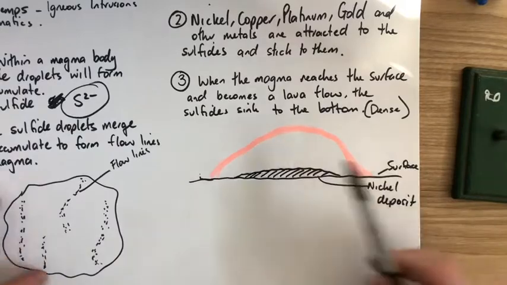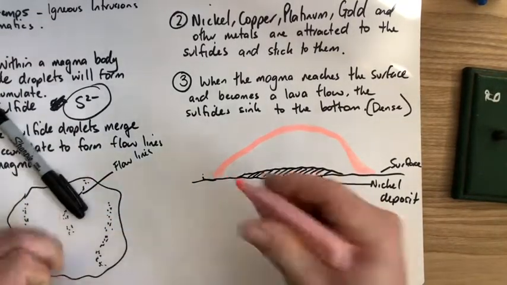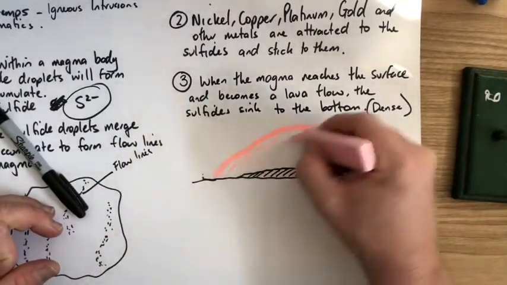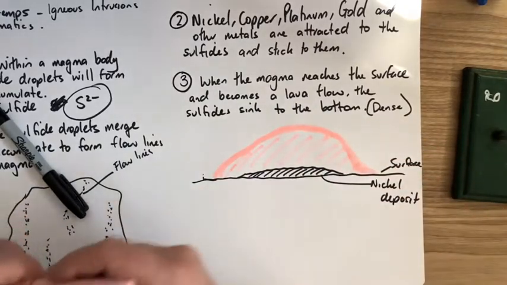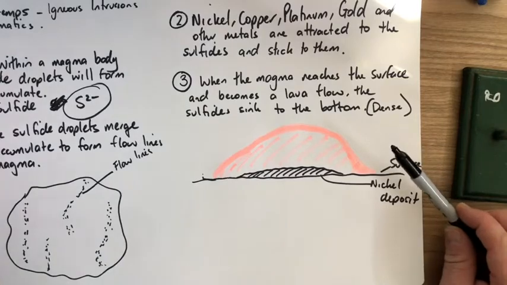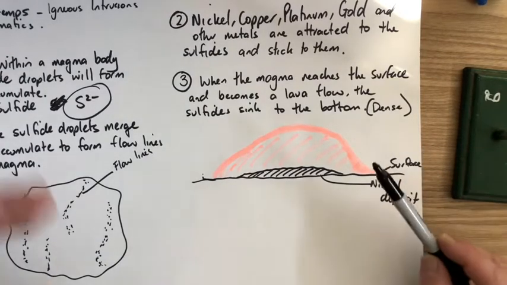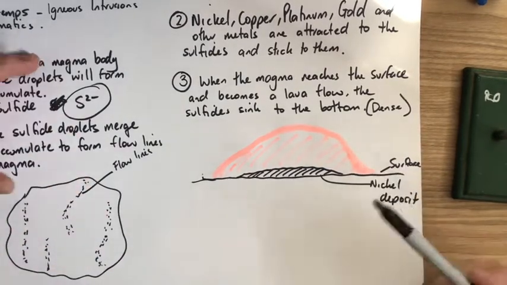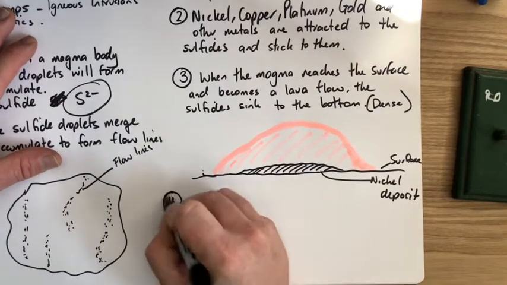So our nickel deposit forms at the base of this lava flow. Okay, so because it's heavy, its density actually collects it together really nicely. Let's keep going.